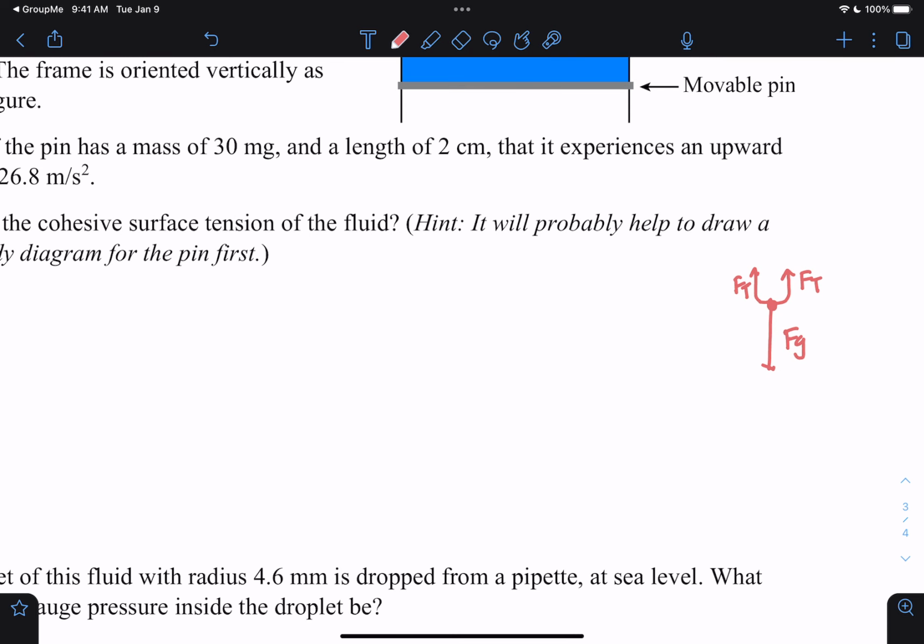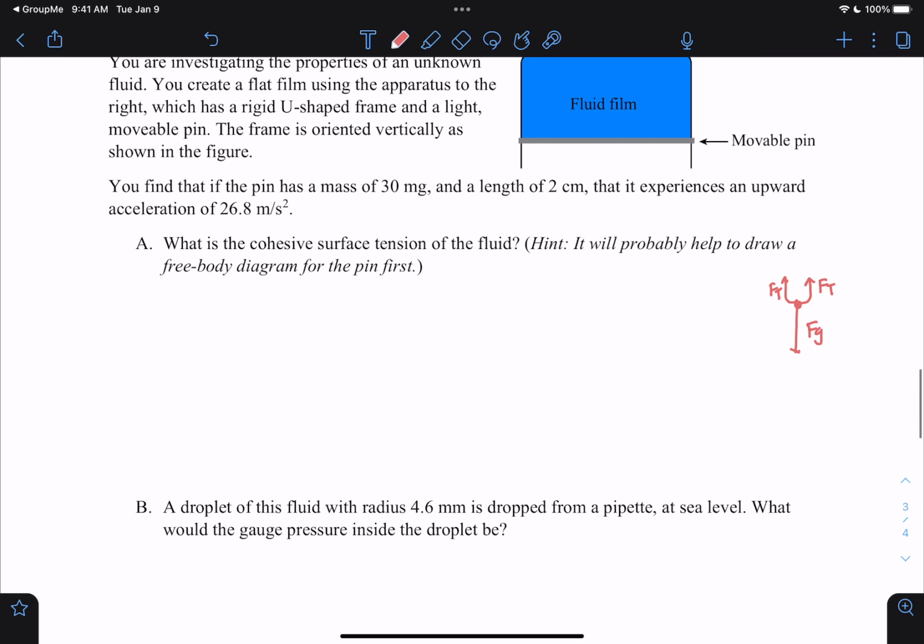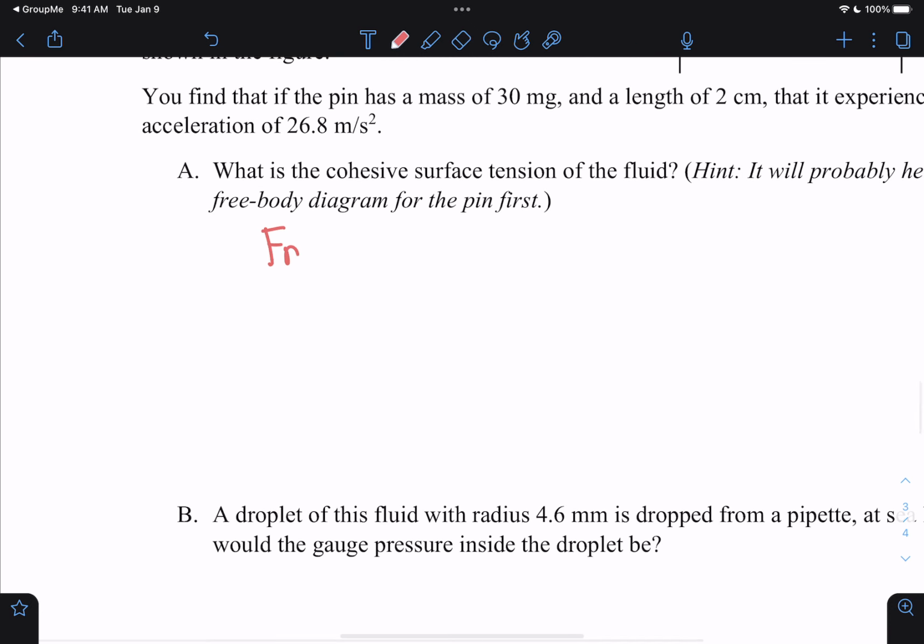So, to figure out the cohesive surface tension, we have this free body diagram, an indication of acceleration, a mass value, stuff like that. Well, we can start writing out an F net equation.